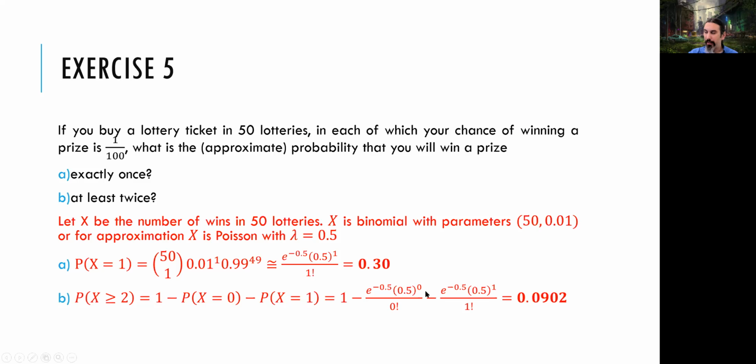When you calculate these values, all you have to do is just plug in the parameter value and the i value which you are given here. You already know this one is 0.30. You find the value for this one as well, and the total operation is going to give you 0.09 probability for winning a prize at least twice, which is not very probable.